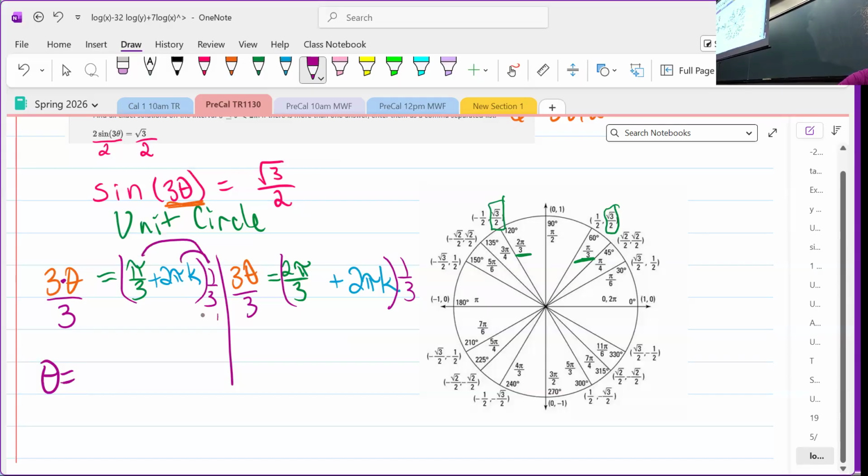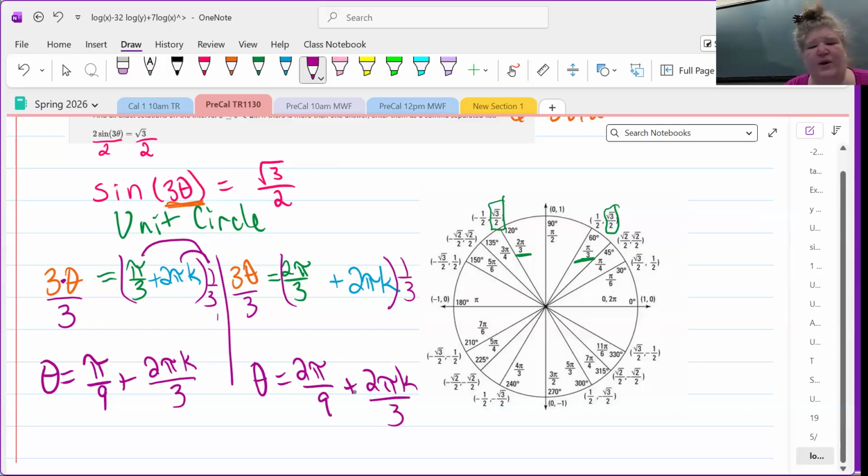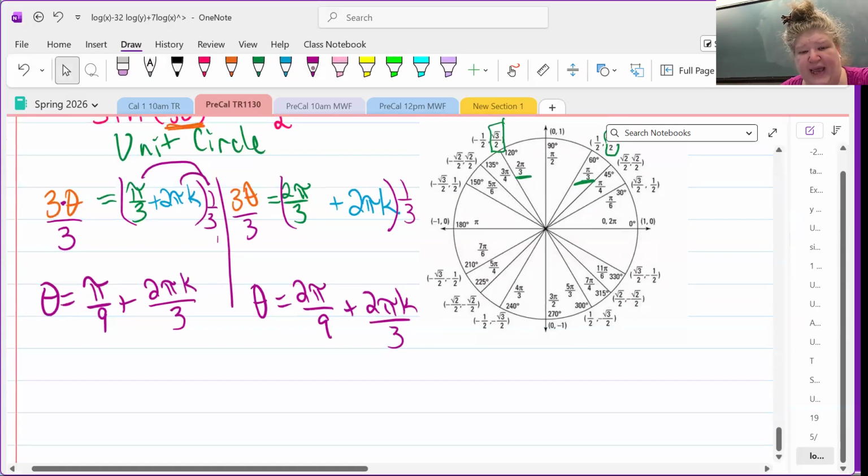So pi over 3 times 1 over 3 becomes pi over 9, plus 2 pi k times 1/3 becomes 2 pi k over 3. And then similarly, our other equation becomes theta equals 2 pi over 9 plus 2 pi k over 3.